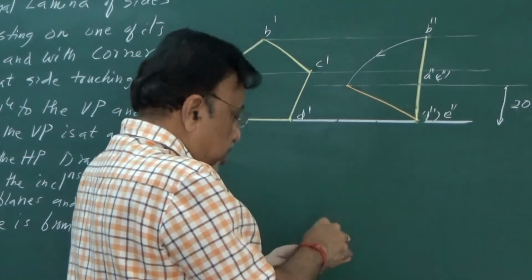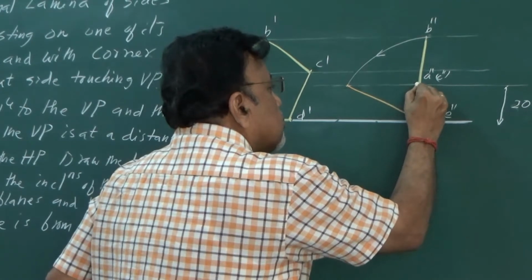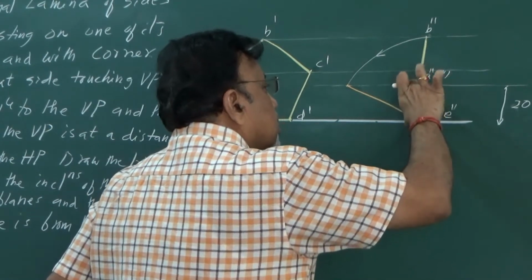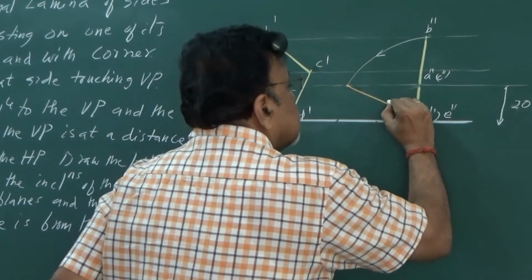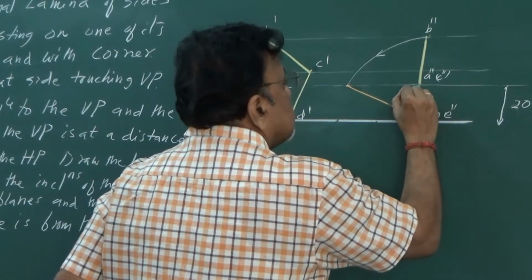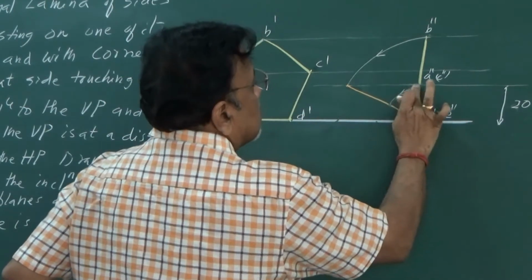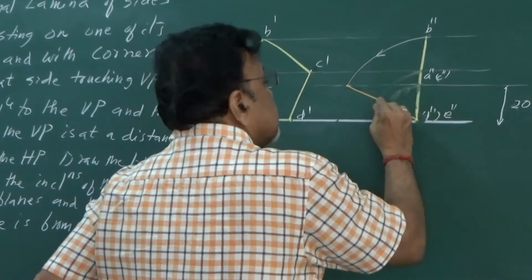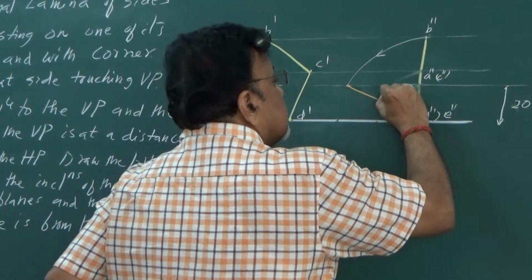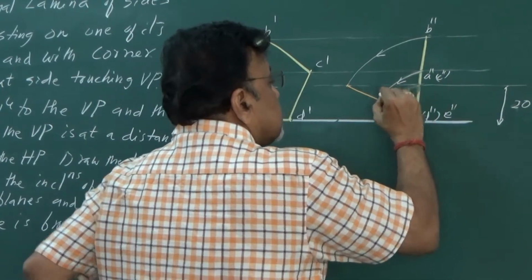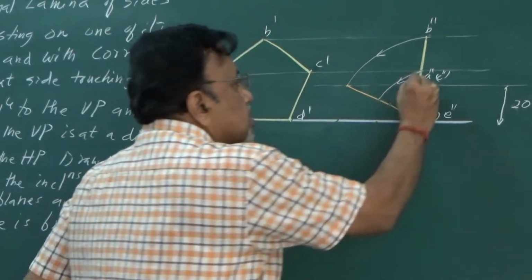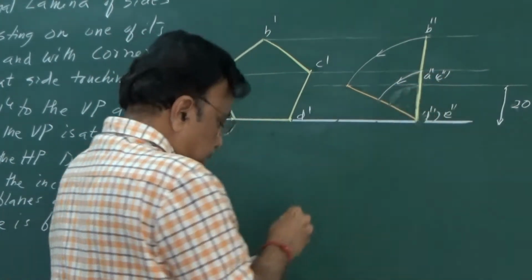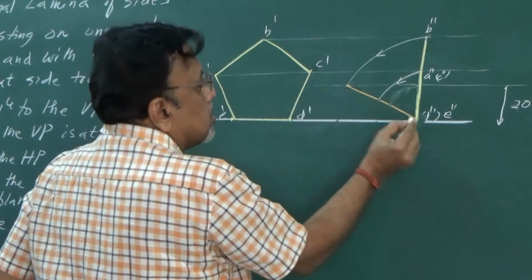Okay, what about this point? This point also will move like this. That is, I am going to draw another arc like this. I think not this, I think I need to do for this. Now I can just get these points.